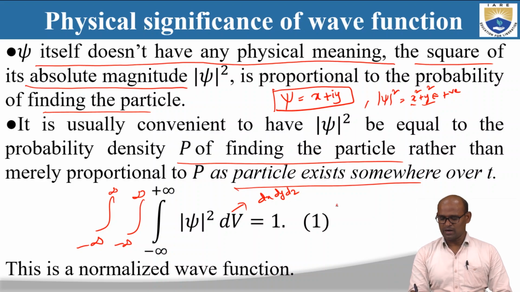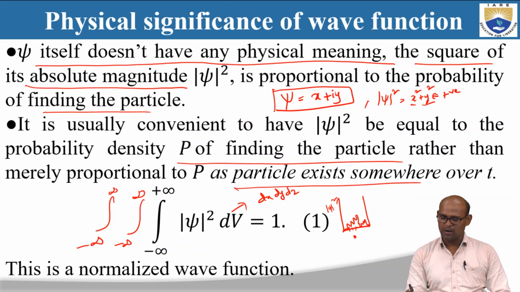If we trap the particle inside a box and ask the probability of finding the particle at any position x, and sum up all these probabilities, it must be equal to 1. That means the particle is somewhere inside the box; it has not escaped from the box.